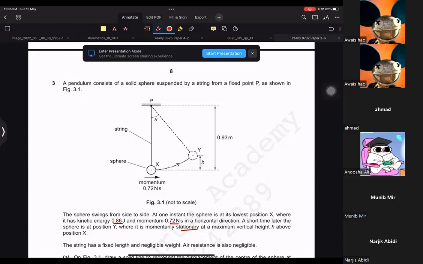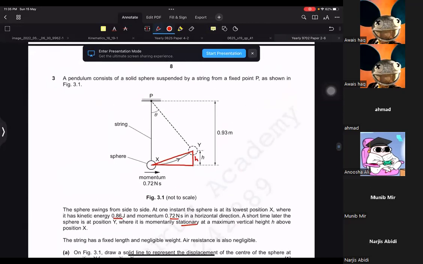This distance is h, which makes it a triangle, but we don't have the horizontal distance. We just have this h. h we found out to be 0.29.